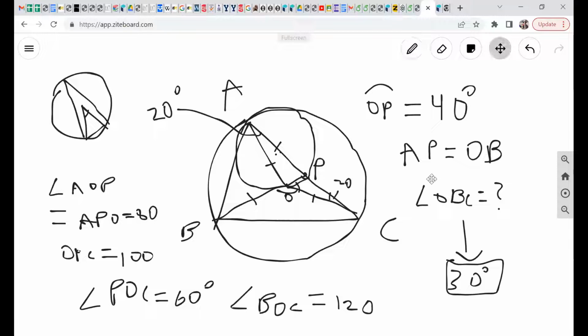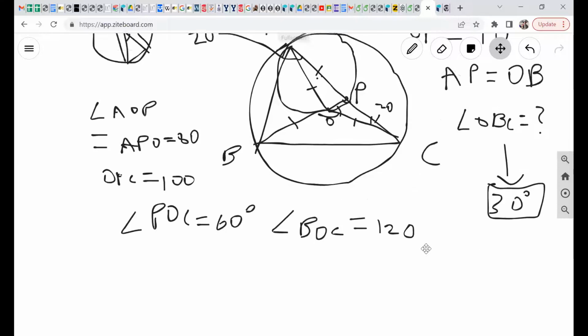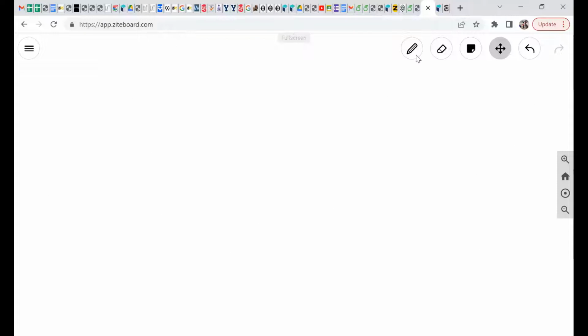So that was a fairly elementary example, but there are more complex problems using some basic things that we know about circles and angles. This problem might be giving it away a little, but it is an example of how we can use cyclic quadrilaterals when angle chasing.